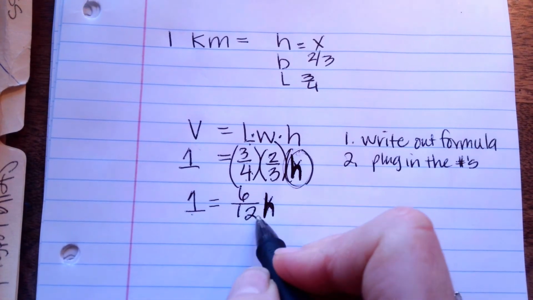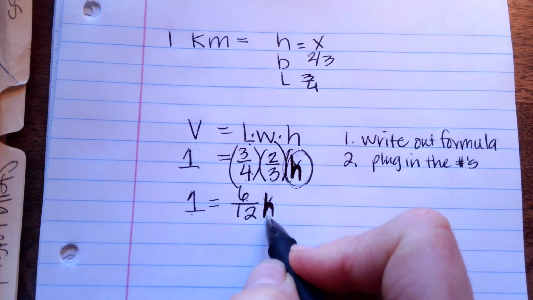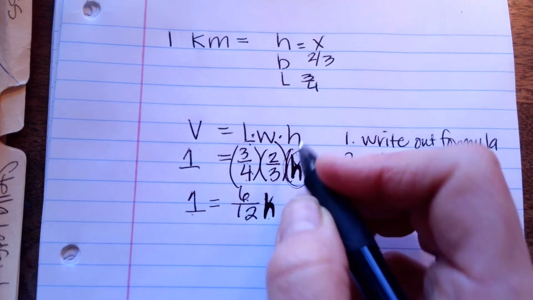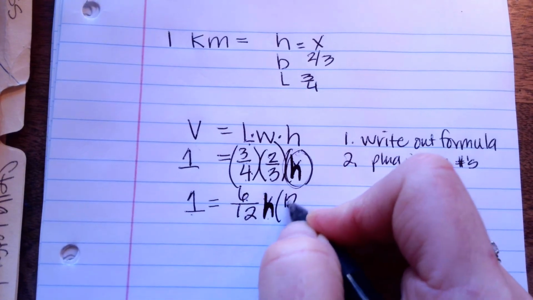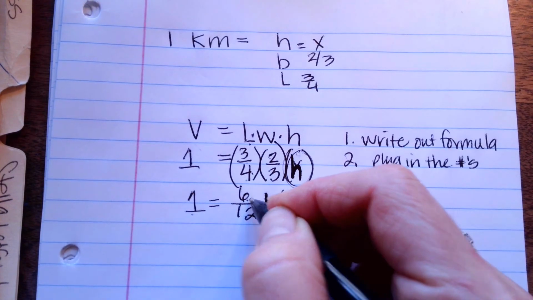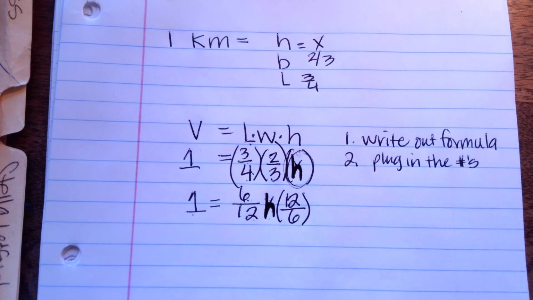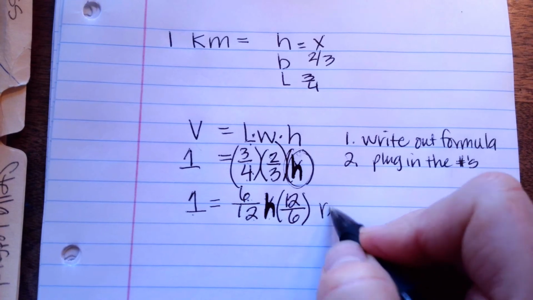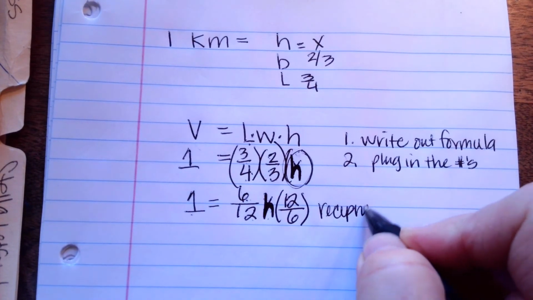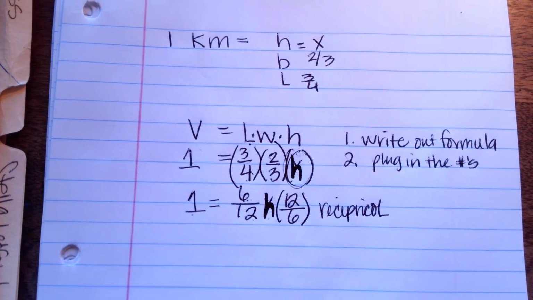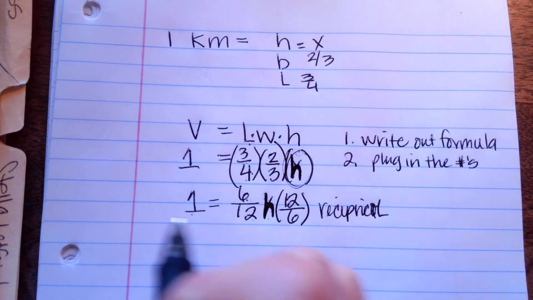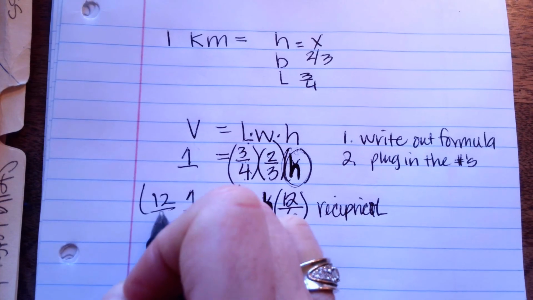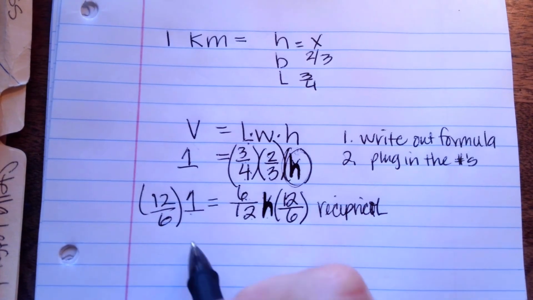To clear this number away from this letter, you're going to do the opposite. They're doing 6/12, so you're going to do 12/6. You use what's called the reciprocal, which means the numerator becomes the denominator and the denominator becomes the numerator. And anything you do to one side, you do to the other.